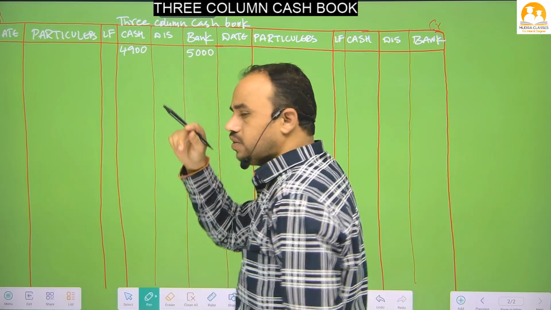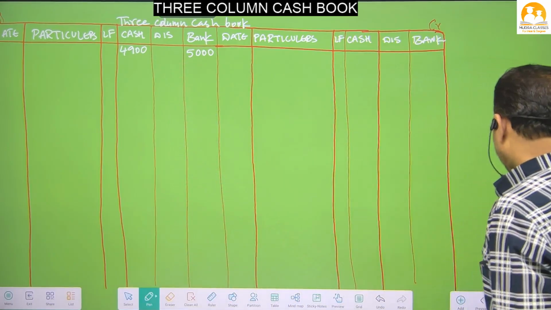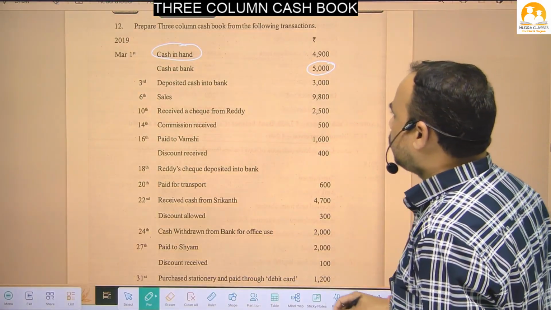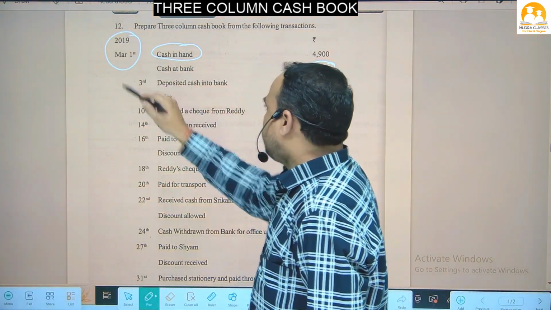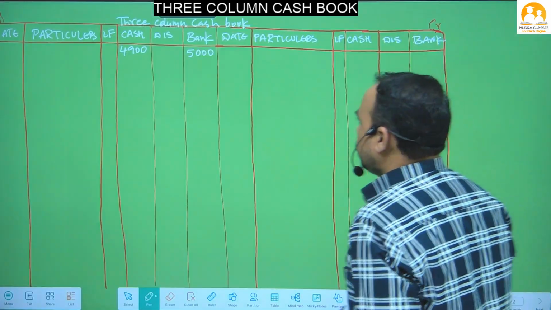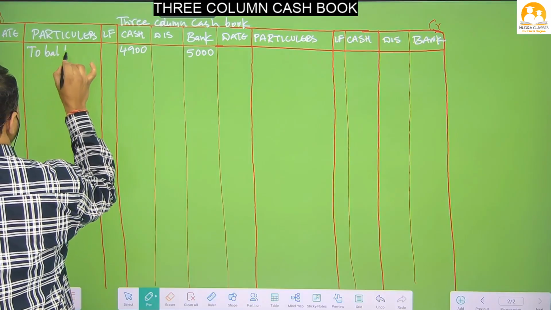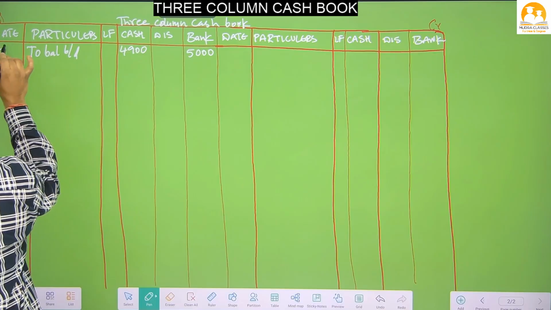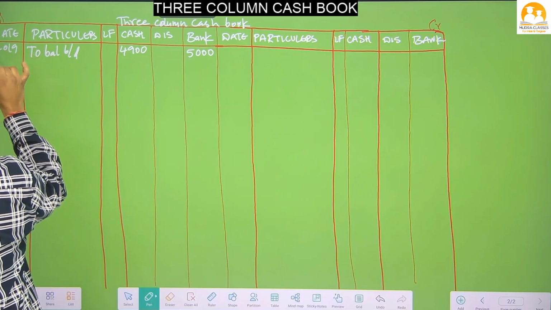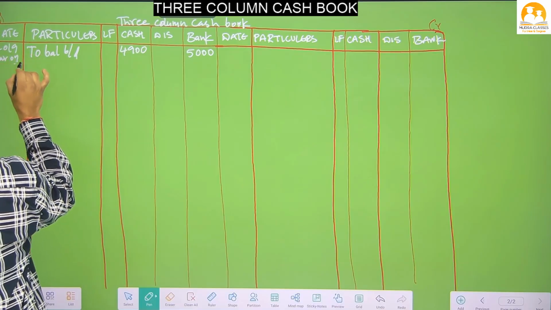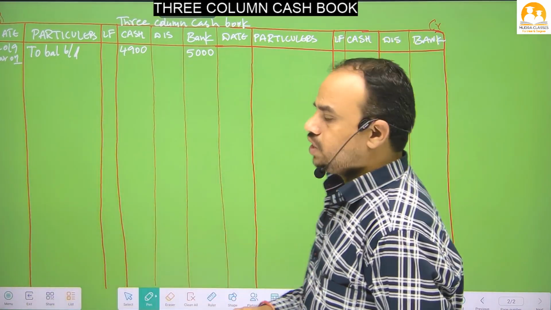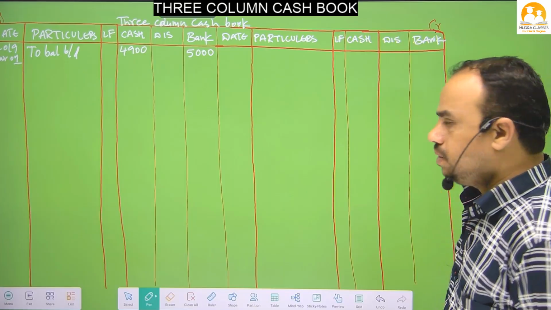What is the date? 2019 March 1st. So here we write to balance brought down, 2019 March 1st, as an opening balance.